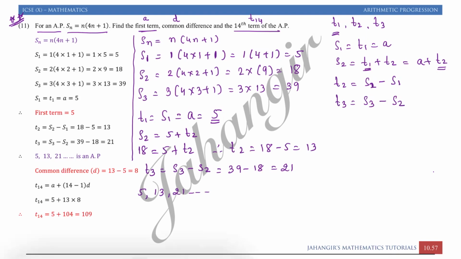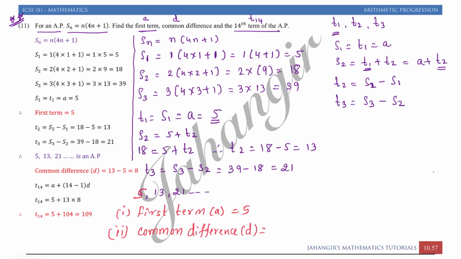Looking at this, I can say my first term A is 5. See, this is my first term. Second, we have to find the common difference. So common difference is second term minus first term.